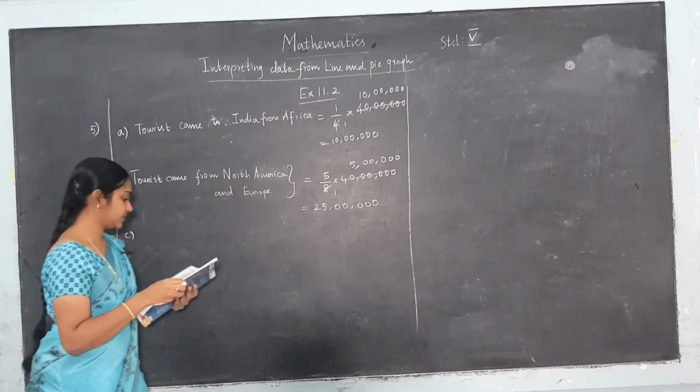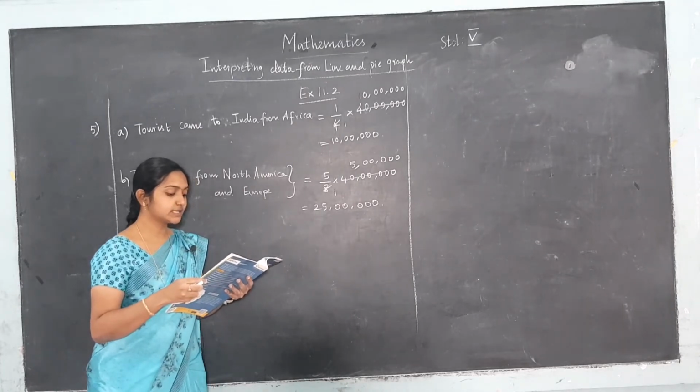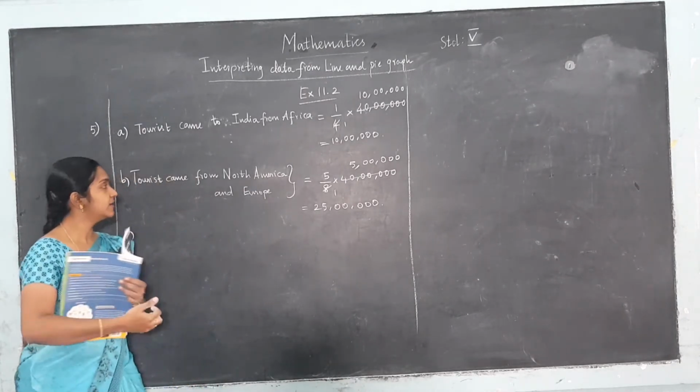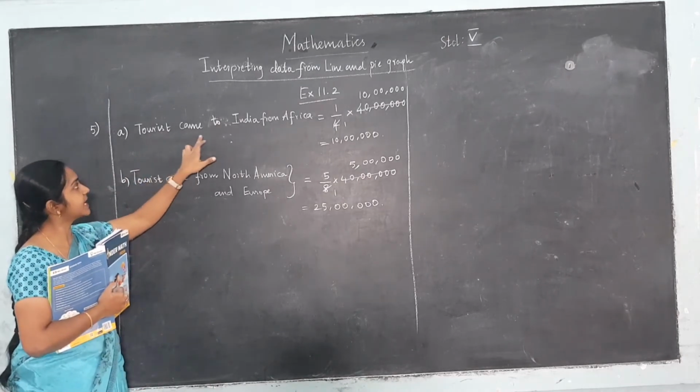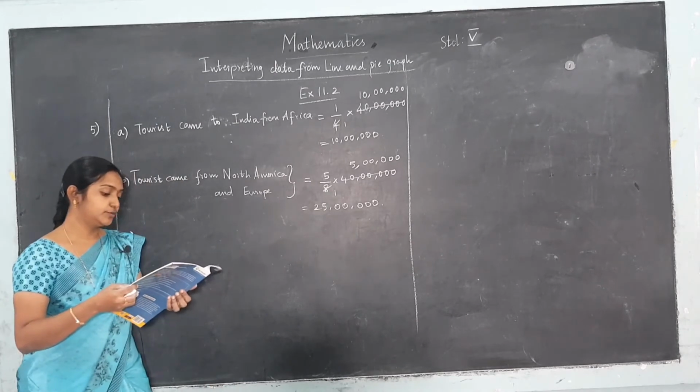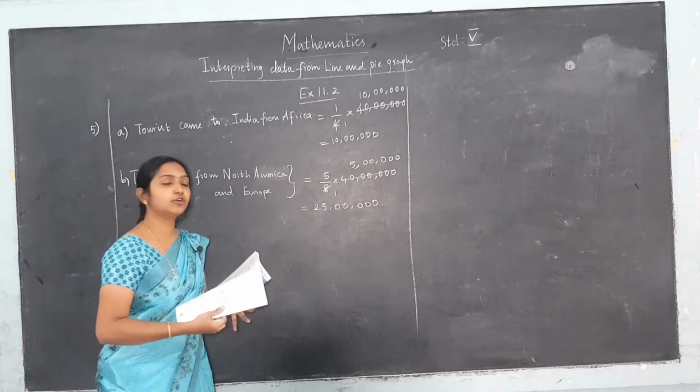Next, how many tourists came from Africa and the remaining continents? We have already found tourists came to India from Africa. Now, we are going to find tourists came from remaining continents.